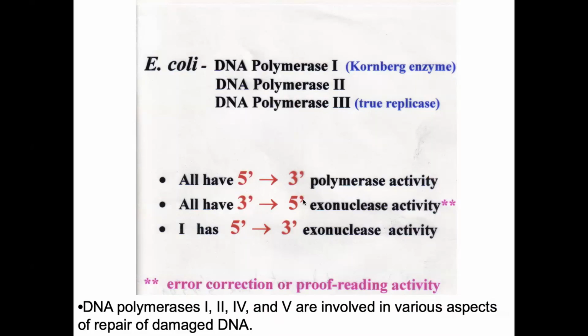So what's exonuclease activity? Exonuclease activity is the opposite of polymerase activity. It's actually a DNA degrading activity. It's an activity that will break phosphodiester bonds instead of forming them. So you think, well, that seems counterproductive. Why would you have that activity associated with these DNA polymerases? It's actually a very important role. It's what we call an error correcting or proofreading activity.